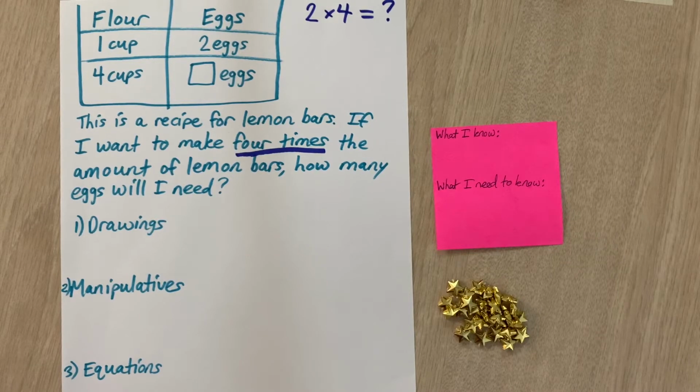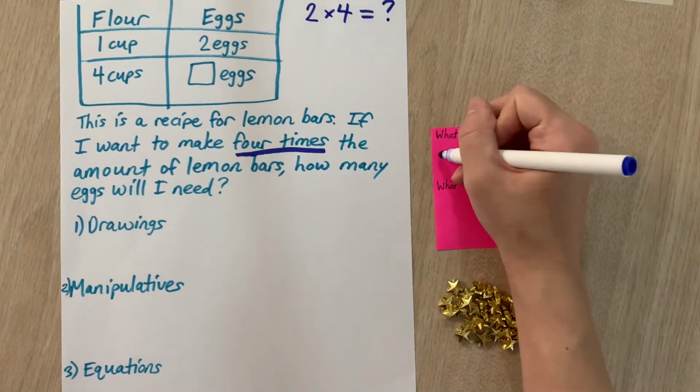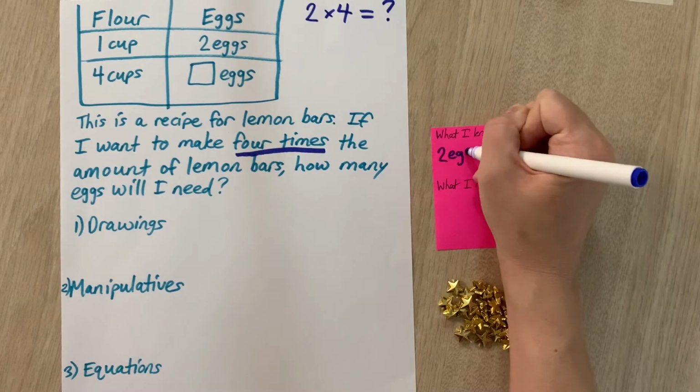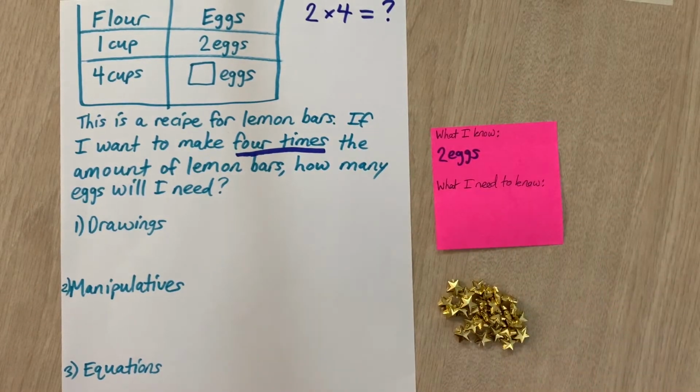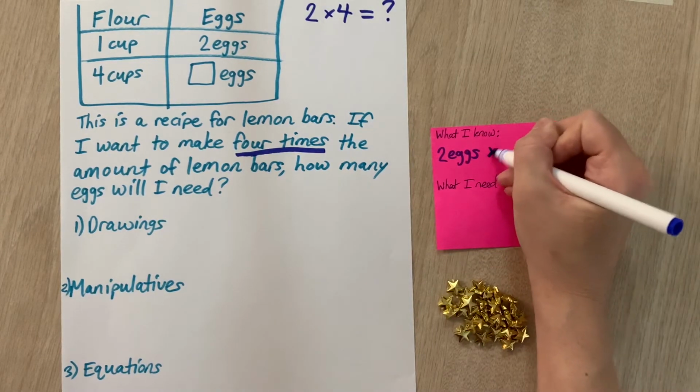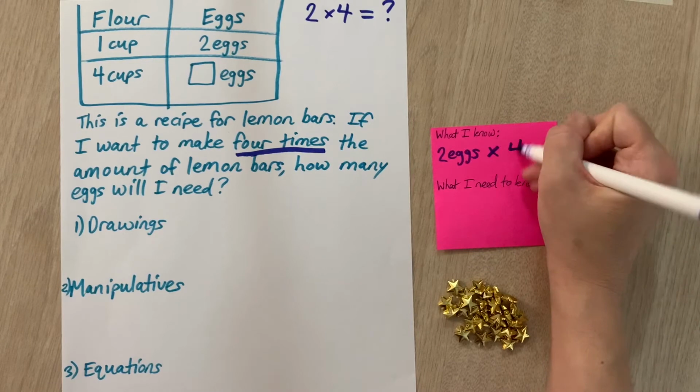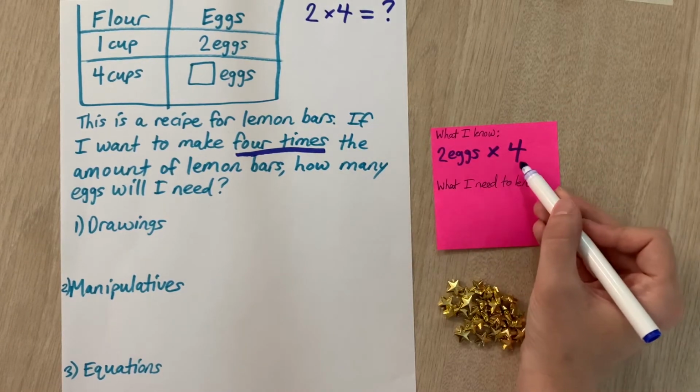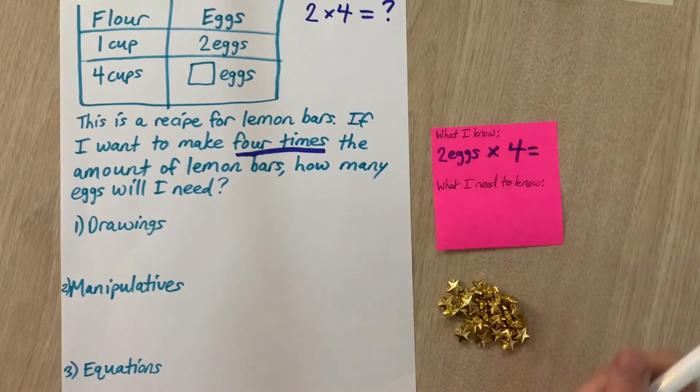So we know that we have 2 eggs. So let's write 2 eggs. And we also know that we need to find 4 times the number of eggs. So I'm going to write the multiplication sign and then write a 4. So we're really saying 2 eggs times 4 and then equals, and then how many eggs is what we're looking for. We're looking for that product.